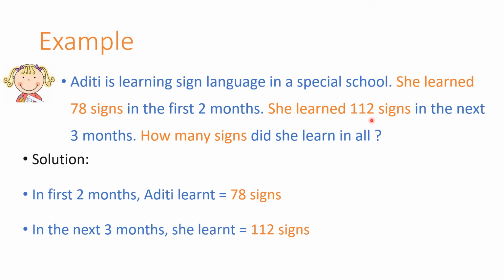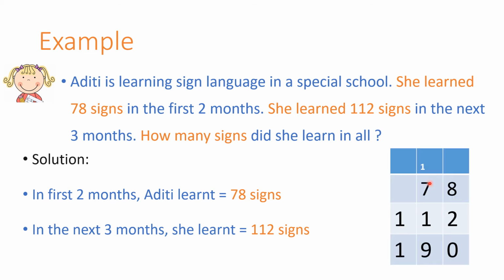She learned 112 signs in the next 3 months, right? So these are the information they have given. You have to write it like this: in the first 2 months, Aditi learned 78 signs. In the next 3 months, she learned 112 signs, right?